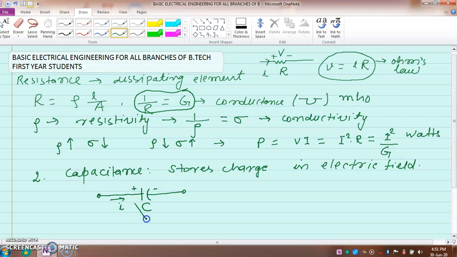Due to this positive and negative, there will be a potential denoted by V, and this C is called capacitance.